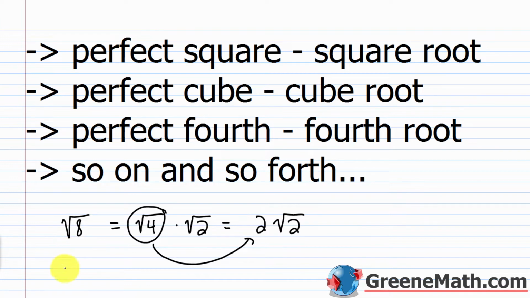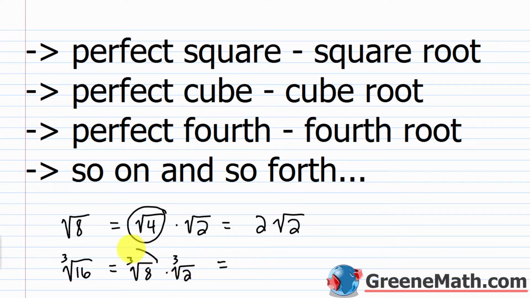Let me do an example with a perfect cube. Let's say we had the cube root of 16. That's going to keep it nice and simple. I know that 16 I could do as 8 times 2, and 8 is a perfect cube. So again, one of the factors of 16 is a perfect cube. So I would break this up and say this is the cube root of 8 times the cube root of 2.